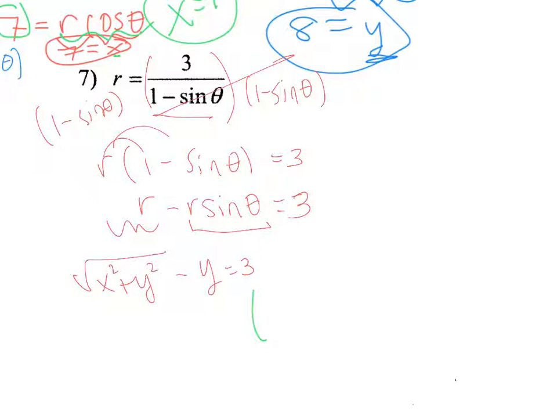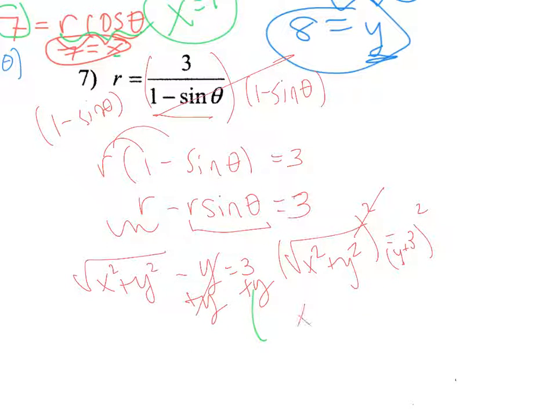We need to get rid of the radical, so we'll add y to the other side. So now we'll have the square root of x squared plus y squared equals 3 plus y, or y plus 3. Now we're going to square both sides to get rid of the radical, so we'll have x squared plus y squared is equal to y plus 3 times y plus 3.